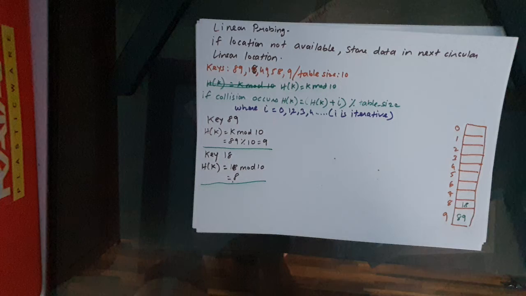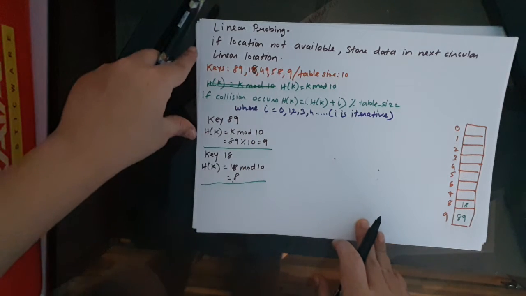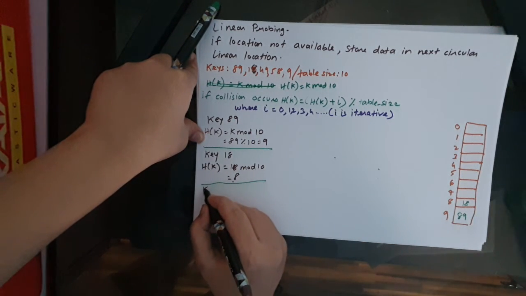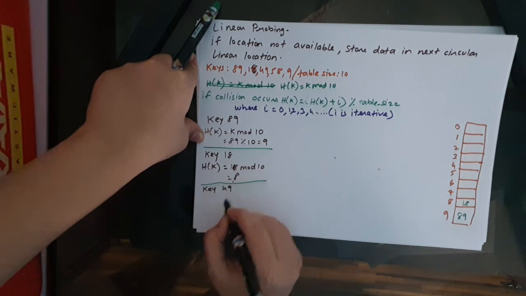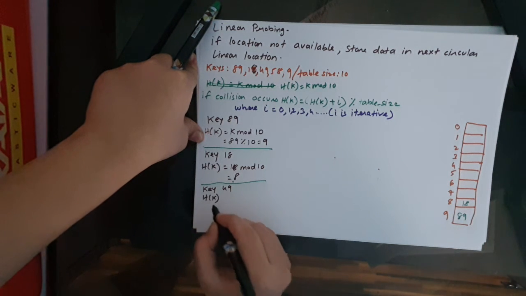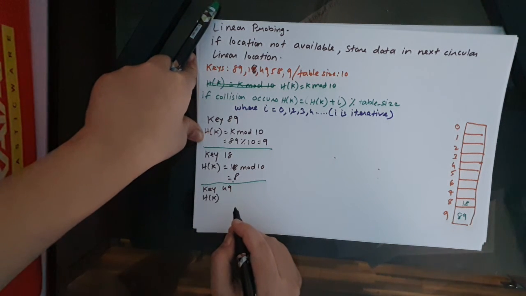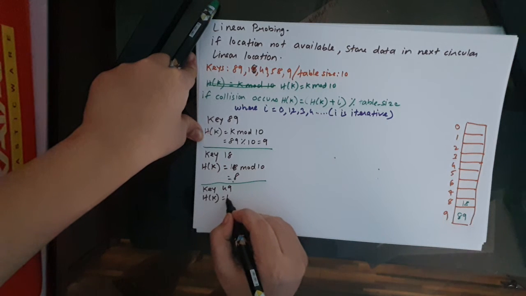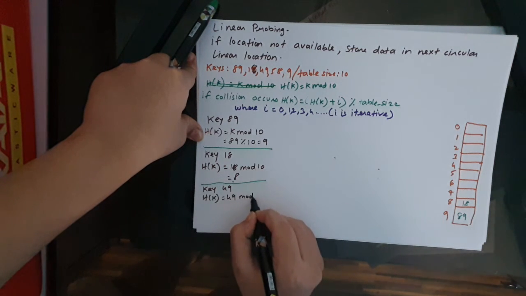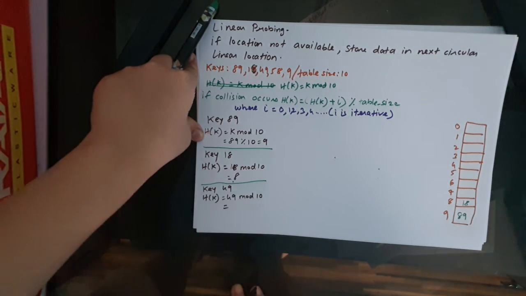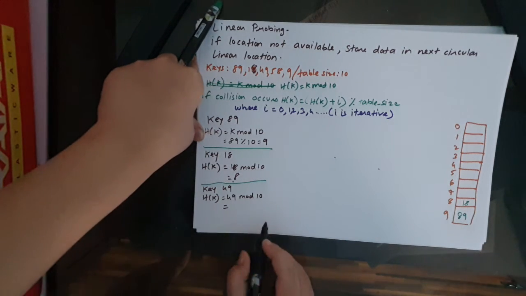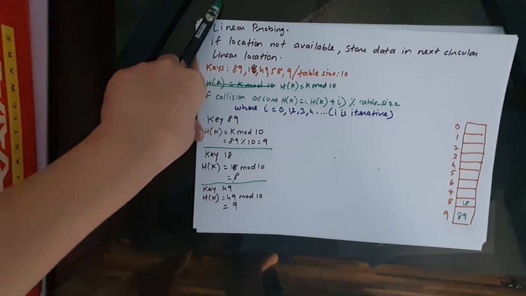Now we go to the third one, which is 49. Let's take our key as 49 and apply the hash function, k mod the table size. So 49 mod 10, the answer that we get is 9.